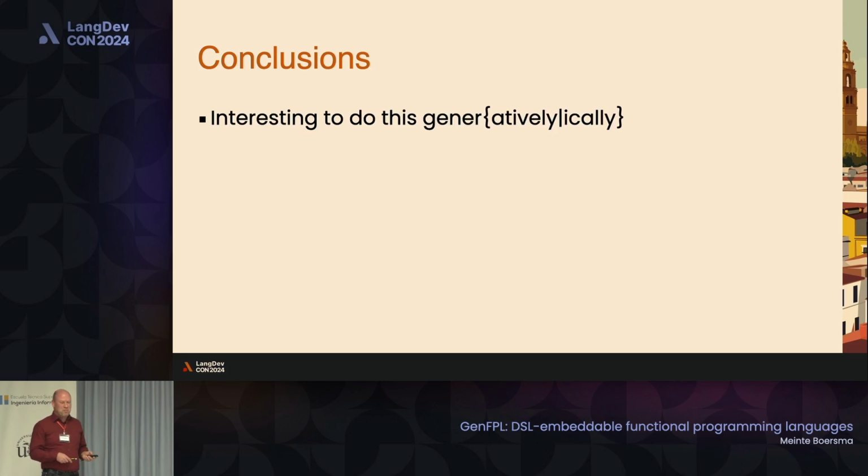We'll manage. So I found this interesting to do, because it sort of pushes you to go one meta level above again. You're not just making a meta model, but you're making a sort of disconnected meta model, and you have to think about how to hook into this host language.